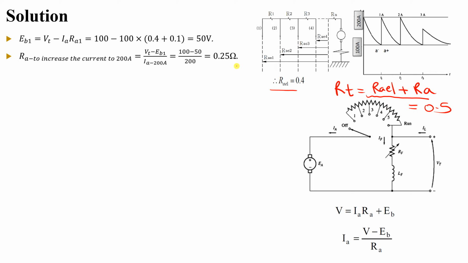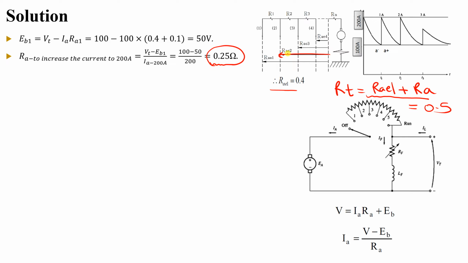Now here the new resistance will be 0.25. So our resistance was originally 0.5. It will be now 0.25, which is RE2, which is this resistance.